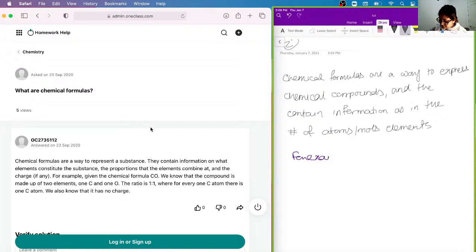For example, given the chemical formula CO, we know that the compound is made up of two elements, which are carbon and oxygen.